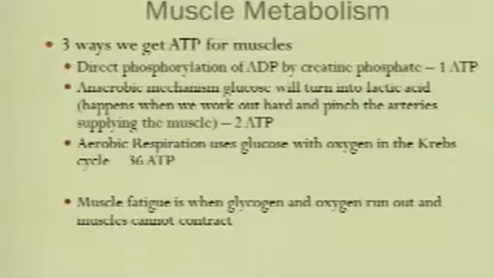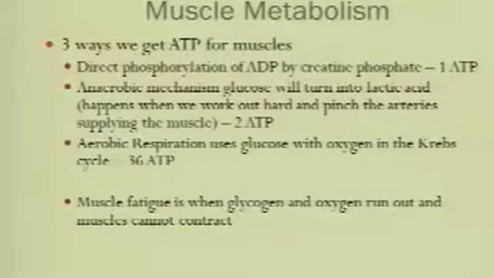Now, aerobic respiration. Aerobic respiration means that we're going to be using glucose and oxygen. It's going to go into the mitochondria, which are the powerhouse of the cell, and it's going to create a whole whopping 36 ATP. So aerobic respiration is great when you have lots of glucose and lots of oxygen.